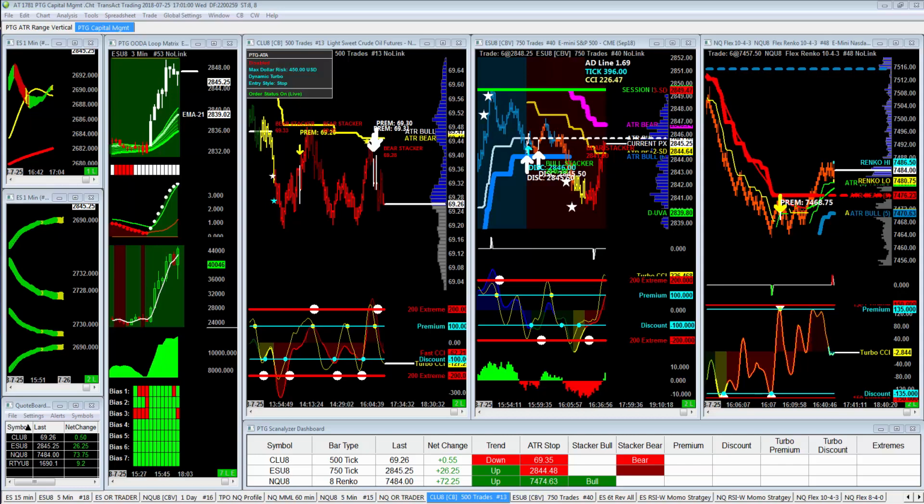We want to be somewhat discriminating on the type of signals that we take, and there are specific subcategories of signals that we want to take, for instance, first pullbacks following a shift of the ATRs, so the average true range of the individual chart will shift from bullish to bearish.